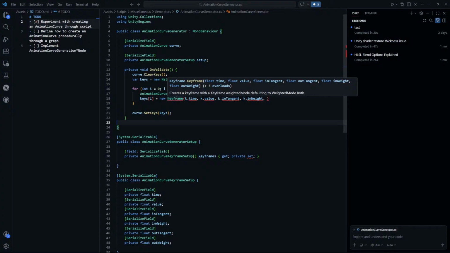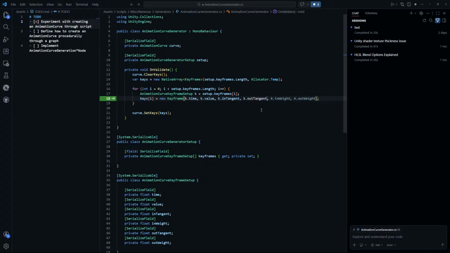Value, in tangent, out tangent. In weight, out weight.